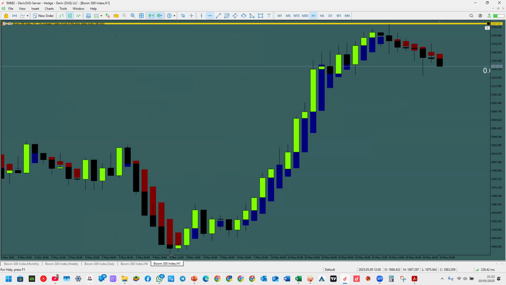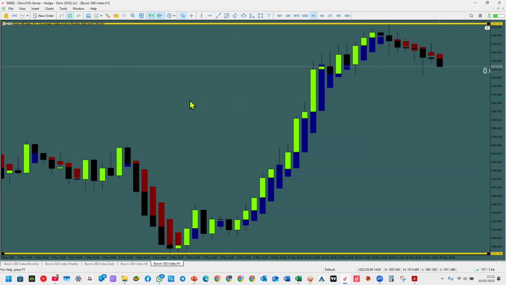You agree with me that this place is a support, right? Yes. Because I have two candles to the left and two candles to the right that are higher than this center wick low.